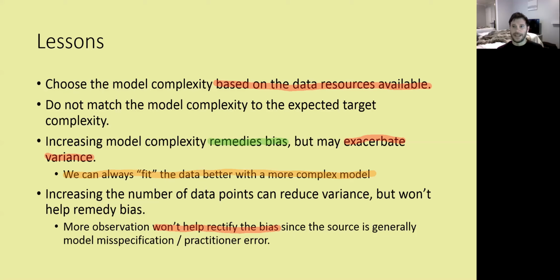Answer there is get a bigger data set. Okay, but that will not fix bias. Bias is generally a source of model misspecification, which is generally the practitioner's fault. Okay, but variance is really a function of a few things, including your sample error, which is generally random if you are sampling randomly. It is still possible that your sample is not an accurate reflection of the underlying population function, or that data generating process here.